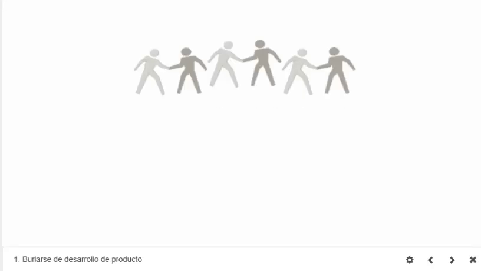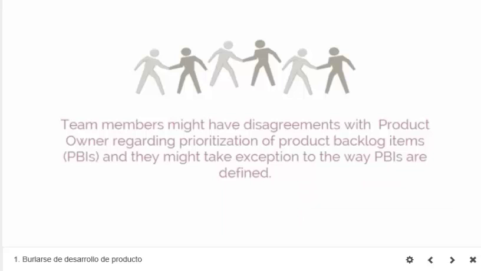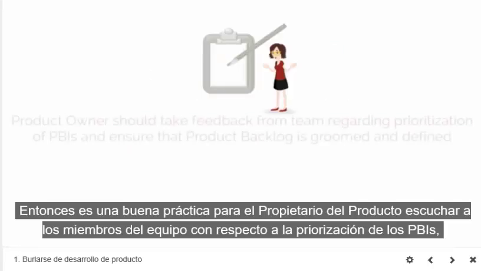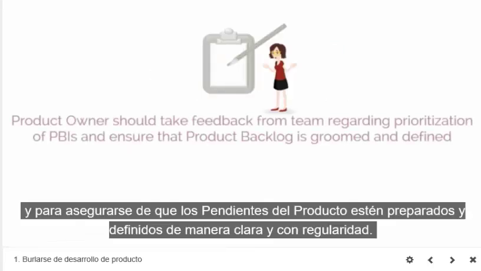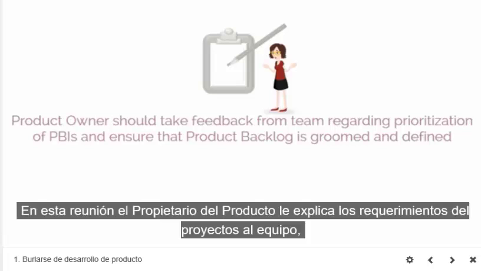In some cases, the team members might have disagreements with the product owner regarding prioritization of product backlog items, PBIs, and they might take exception to the way the PBIs are defined. So, it's a good practice for the product owner to take feedback from the team members regarding the prioritization of PBIs, and to ensure that the product backlog is groomed and defined clearly and regularly.